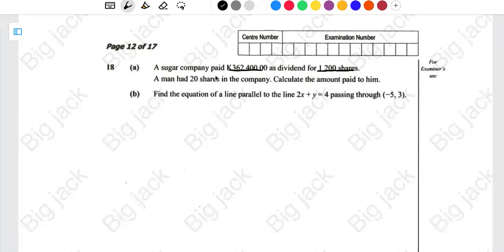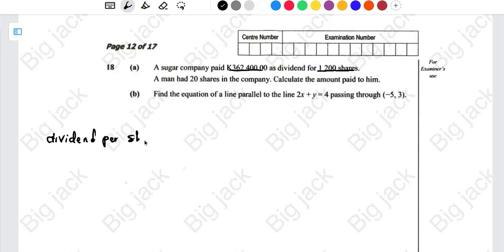So we have to know the amount of money that was given per share, the dividend per share.